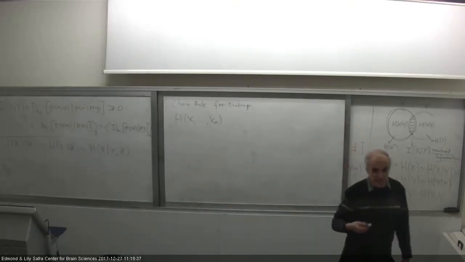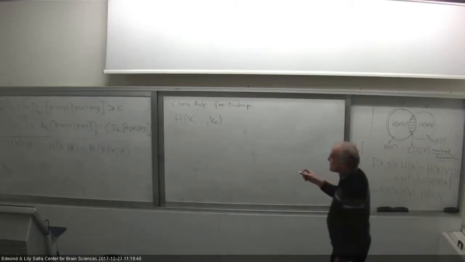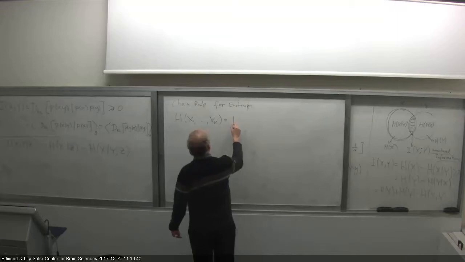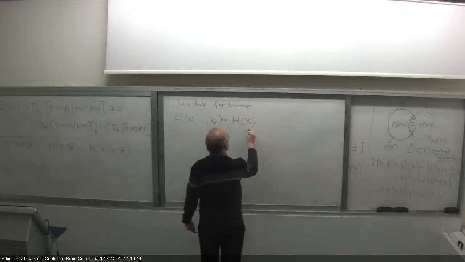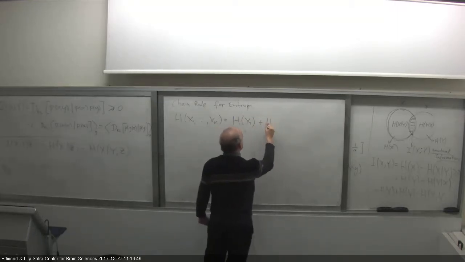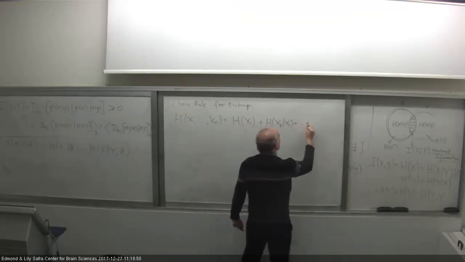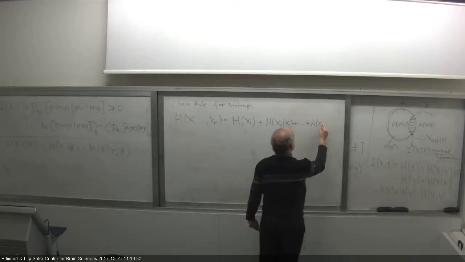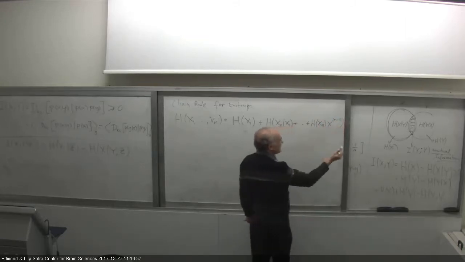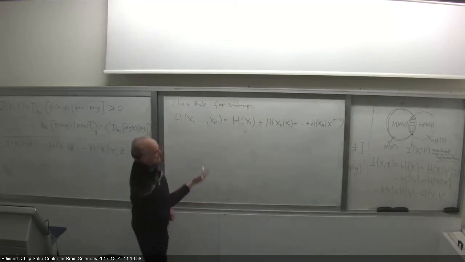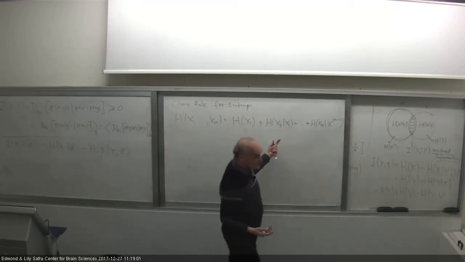So how is it broken? So again, this is just an extension of what I wrote before. So it's the uncertainty in the first variable plus the uncertainty in the second variable when I know the first variable, plus and so on, the uncertainty of the last variable when I know all the others. And I denote it by this. Okay? Just I lift the indexes, so this is all the sequences in Q.